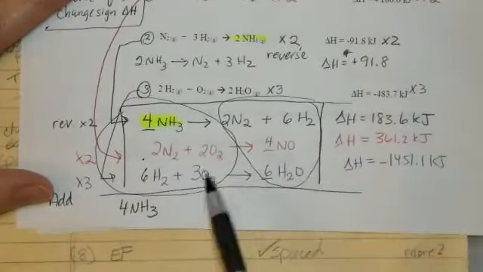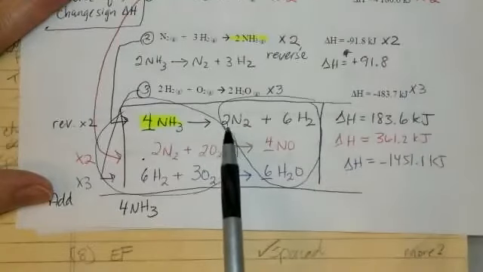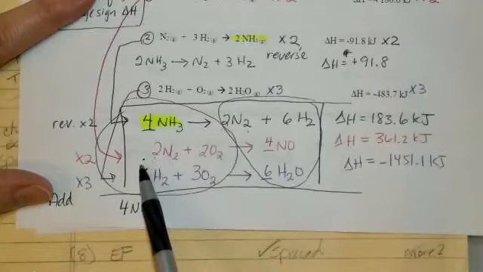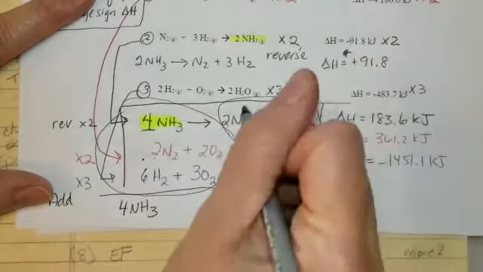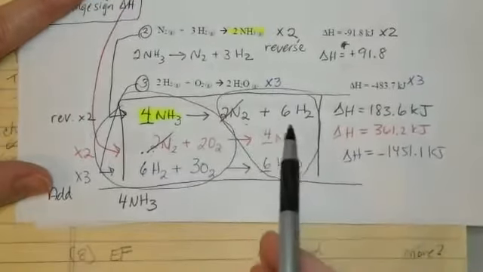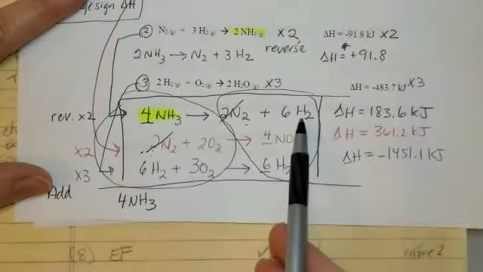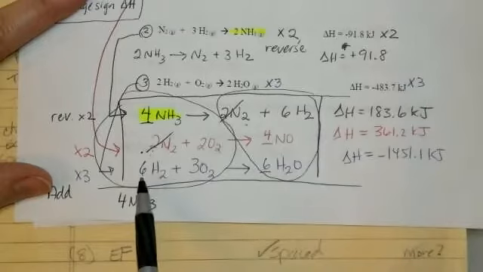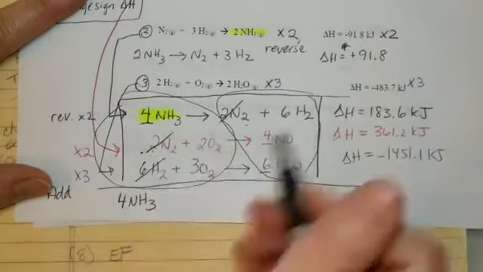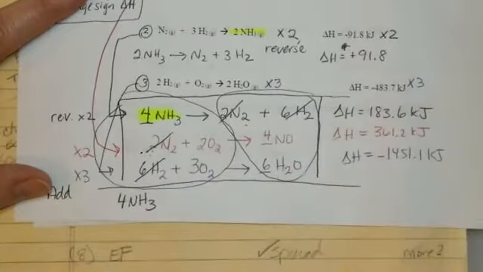The way you can think about it is this first reaction releases 2 moles of nitrogen, and then the second reaction consumes 2 moles of nitrogen. So that means I don't have any nitrogen when this is done. The first reaction releases 6 moles of hydrogen, and then this third reaction consumes 6 moles of hydrogen. So I don't have any hydrogen left when I'm done.